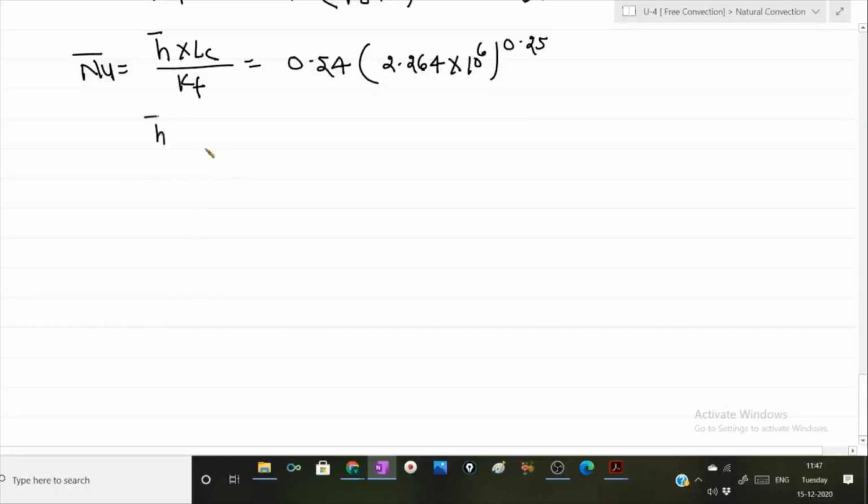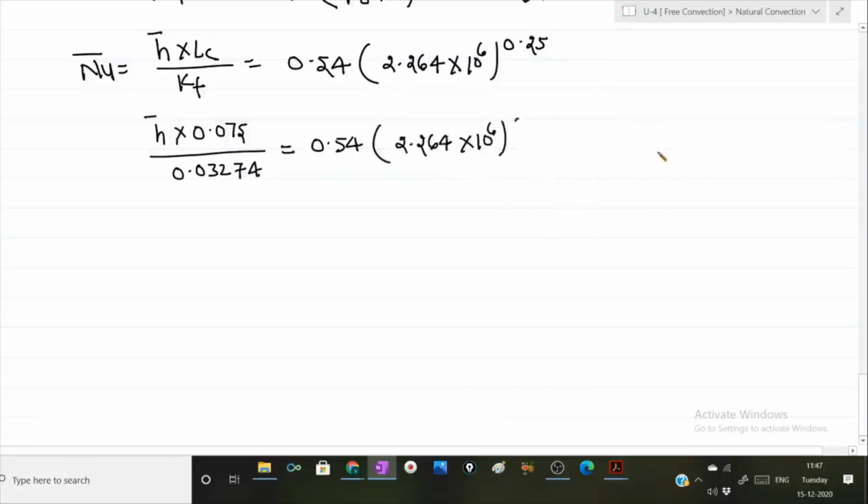So H bar, the value of characteristic length we calculated as 0.075, and Kf, thermal conductivity of air, as 0.03274, into 0.54 into (2.264 into 10 to power 6) to the power 0.25. So from here the value of H bar comes out as 9.19 watt per meter square Kelvin.